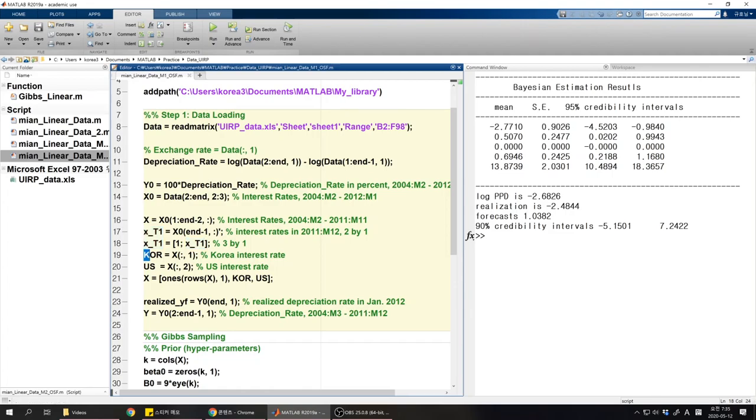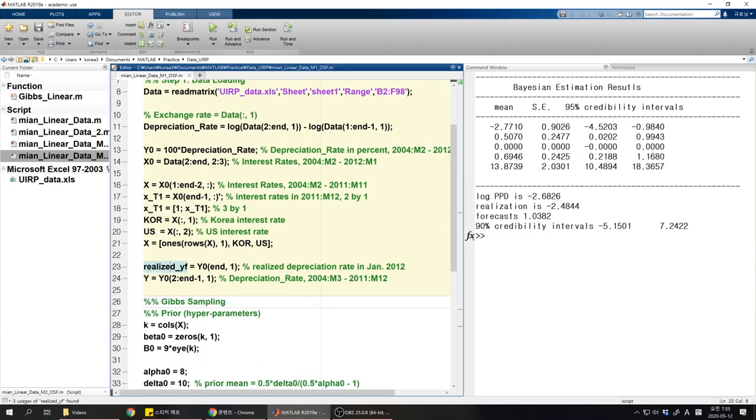The first column of X is the Korean interest rate, the second column is the US interest rate. These independent variables will be used for estimation to get the posterior distribution of the parameters, and then using the parameters, we are going to forecast future values.